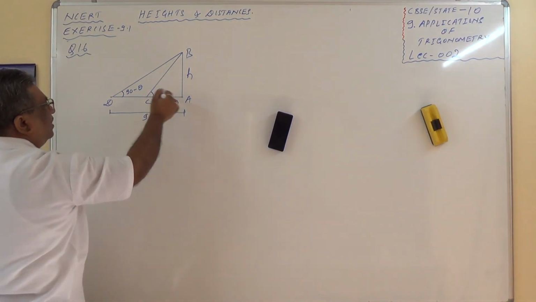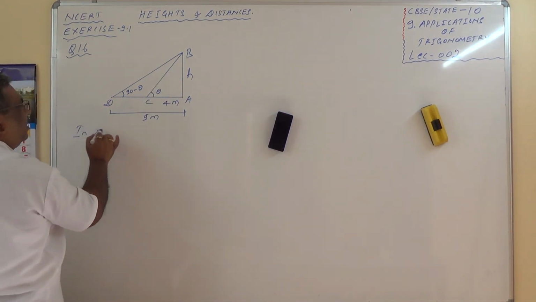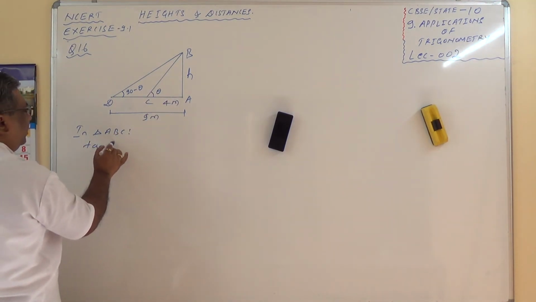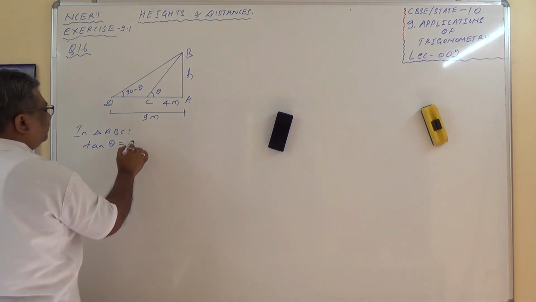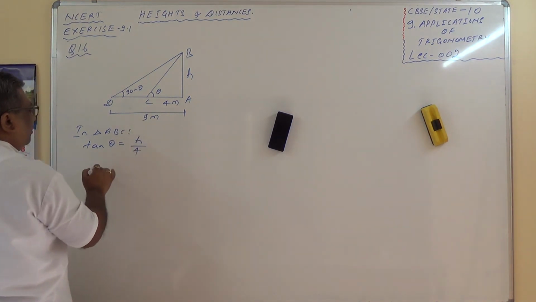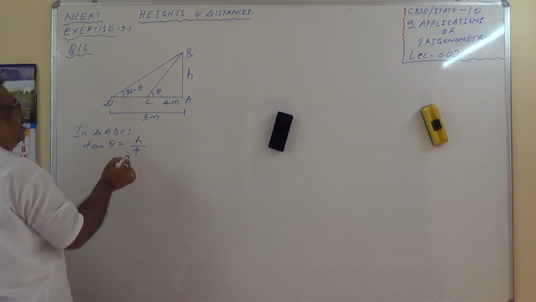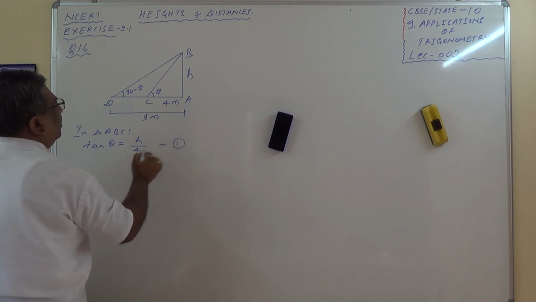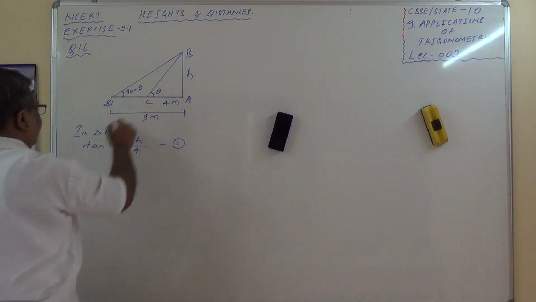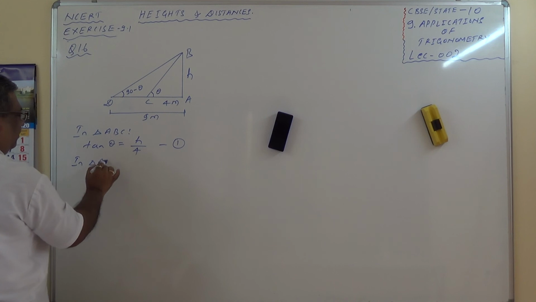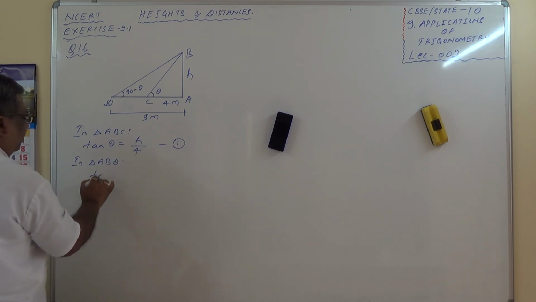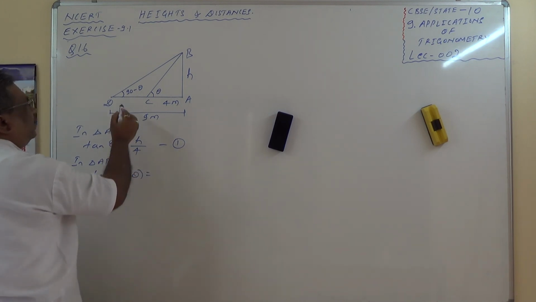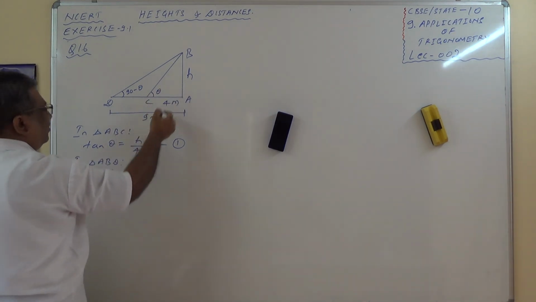In triangle ABC, tan theta equals h by 4 meter. So let this be 1. In triangle ABD, tan of 90 minus theta equals h by 9.